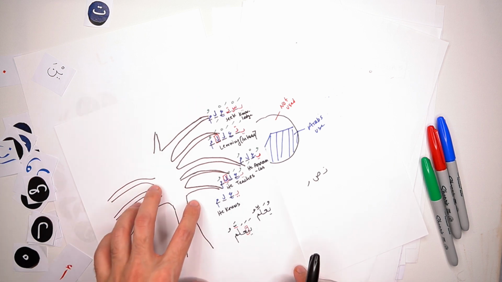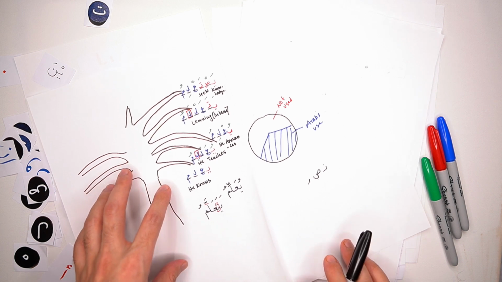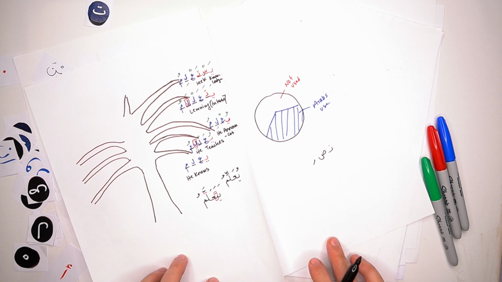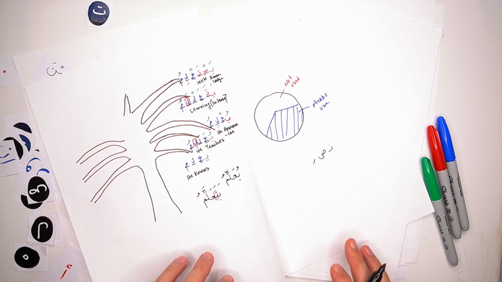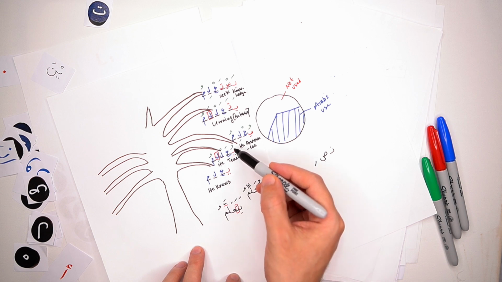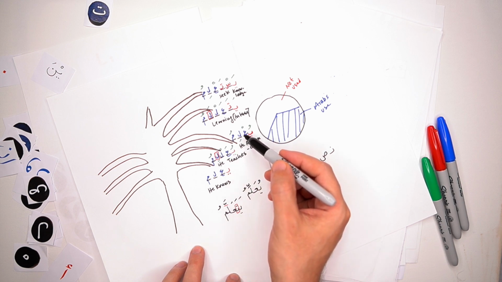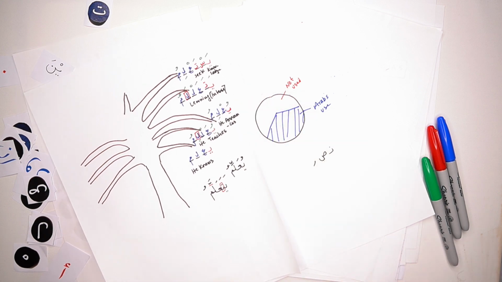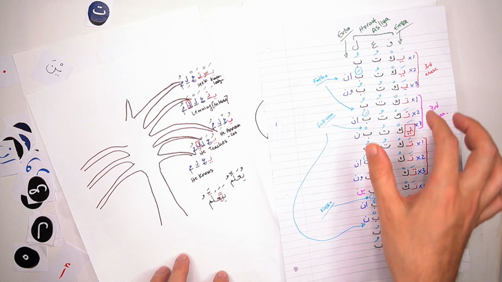What I want you to do, and you can email it to me, maybe I'll put the email in the description below, is put it into this pattern, then this pattern, and this pattern, and make yourself a whole table like this.